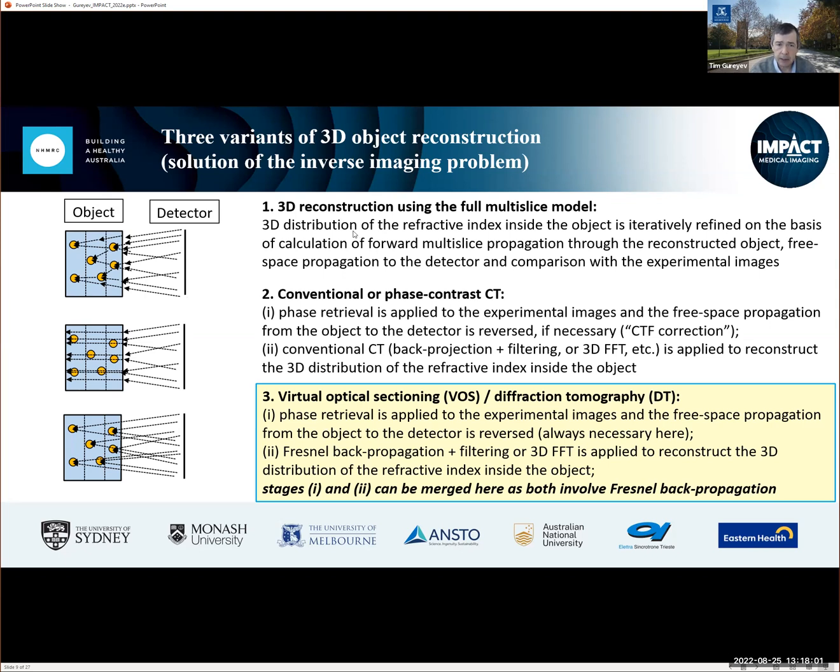So the inverse problem corresponding to the full multi-slice approach consists of the repeated forward propagation using this multi-slice model, which is done numerically, followed by the free space propagation, and then the resultant calculated image is compared with the experimental image.